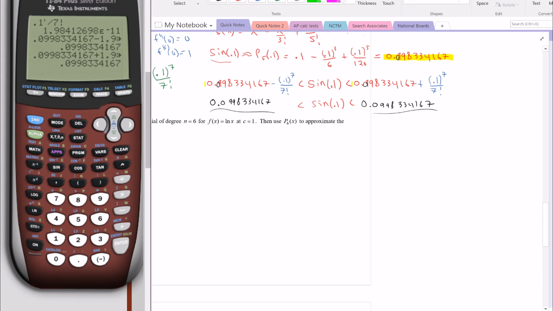So those are the same. So basically, if I do a sine of 0.1, I should be getting that exact number right there, right? So sine of 0.1 is 0.0998341667. Oh, there's a minor difference in there, is there?